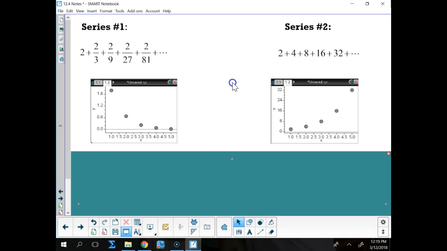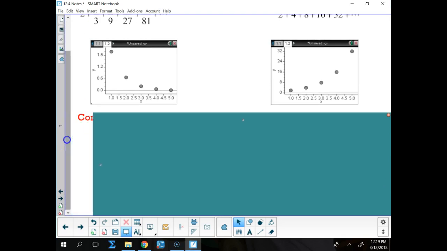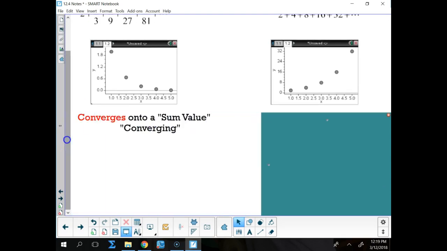Okay? The left series, though, because we're talking about sequences and series, we don't call it decay or growth. We call it converging. So the left series is converging.